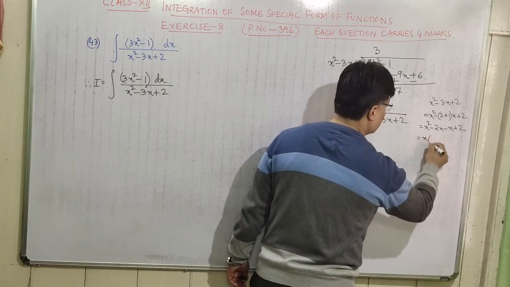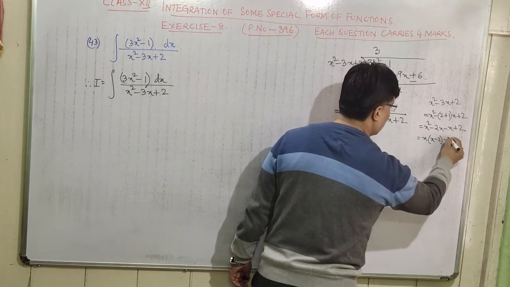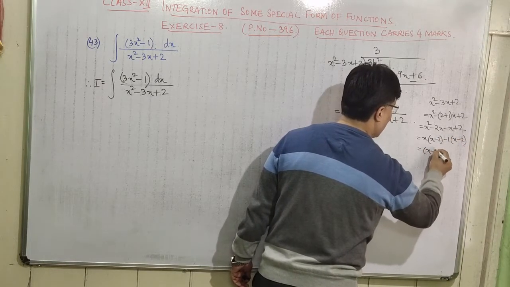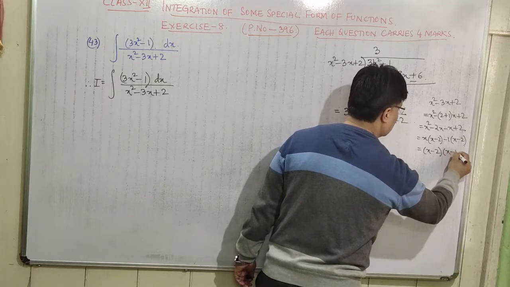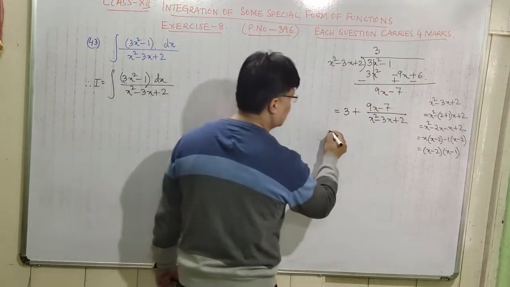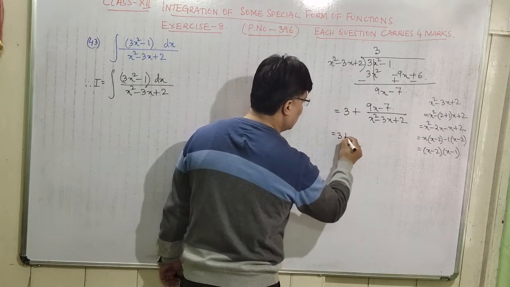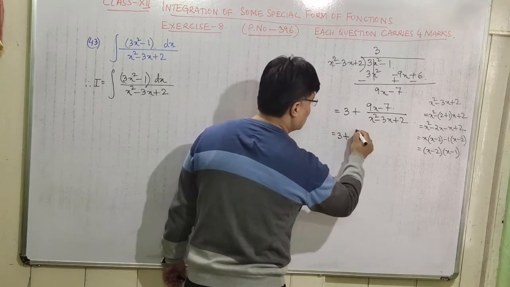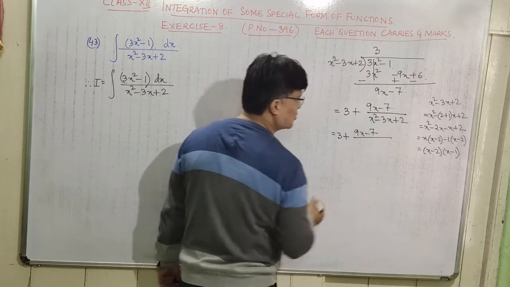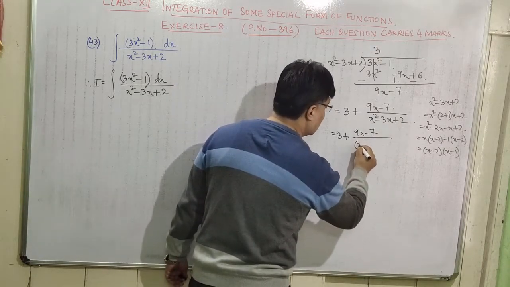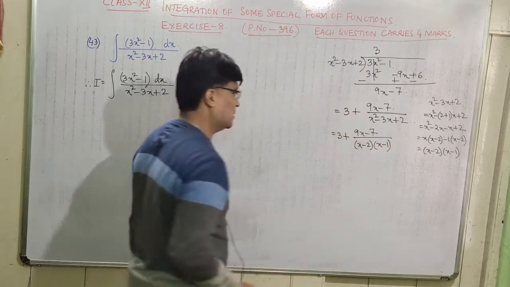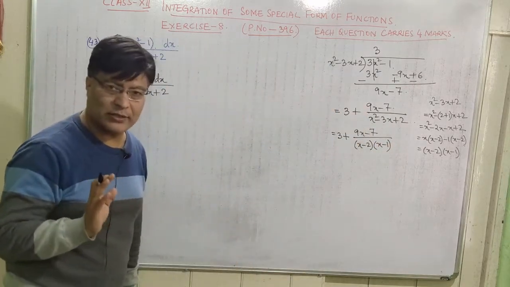Which is equal to x common, x minus 2, then minus 1 into x minus 2, which is equal to x minus 2 into x minus 1. Is that clear? So next, it will be 3 plus 9x minus 7 divided by x minus 2 into x minus 1. Okay, so now I think you have understood it.